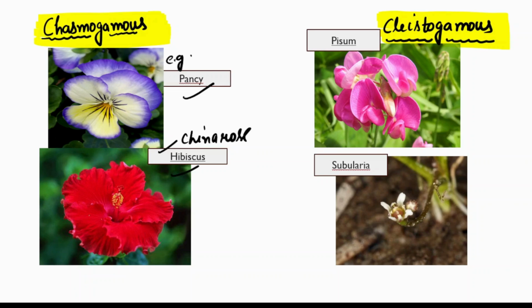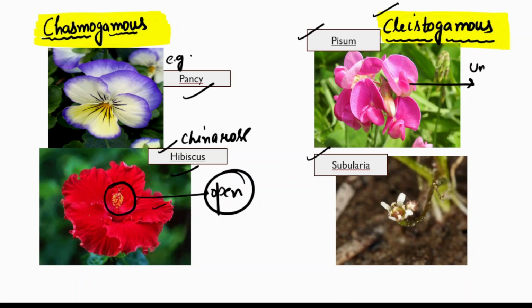This flower you have definitely seen in your surroundings. In this hibiscus or China rose, the reproductive organs are exposed or visible. That's why this flower is called the open flower. But in case of clistogamous flower, we have examples like Pisum, Subularia. These are the closed type of flower. If you can see here, in the Pisum, the reproductive organs are unexposed, not visible. That flower is called the clistogamous flower.